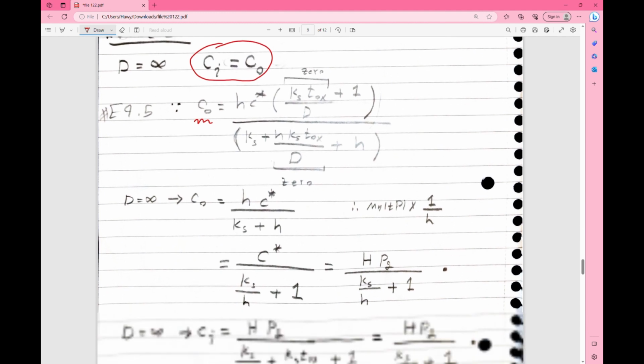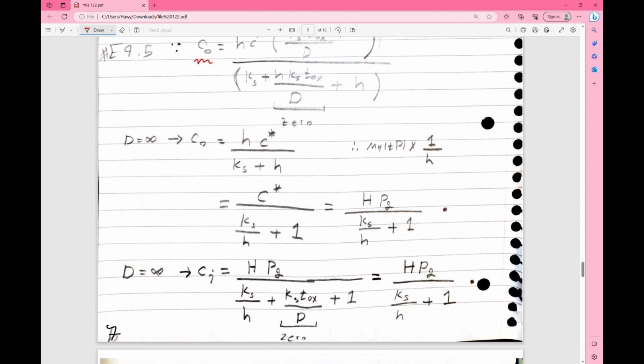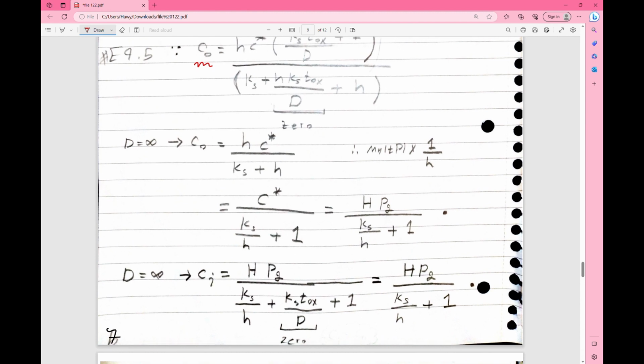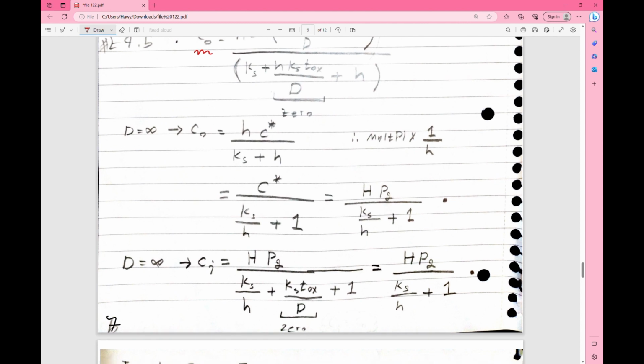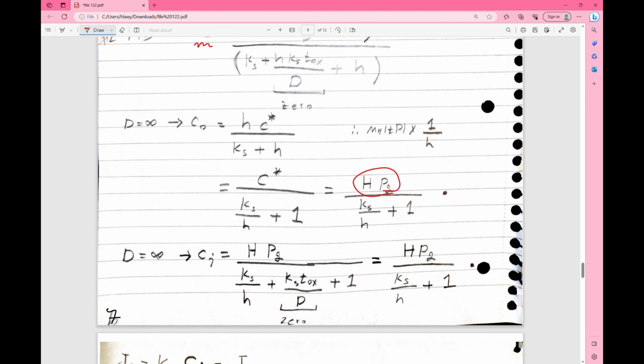So what we have left here is H C star Ks plus H. Now multiply by 1 over H, and we will have that H now exists, so it will be Ks over H plus 1. You can put C star, which is equal to this magnitude, H multiplied by Pj, or you can just write it like this.